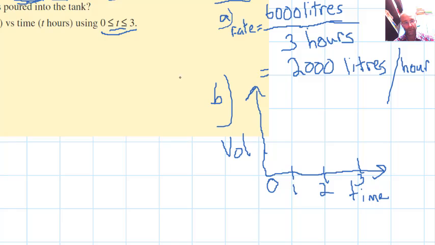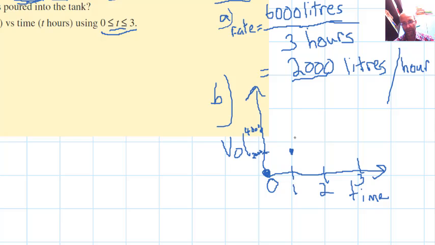And volume, well, we use our rate, don't we? 0 litres per hour. If there's been 0 hours, 0 litres. If there's 1 hour, it'll be 2,000. So we've got 2,000 there. So first point, 2 hours, we'll have 4,000.